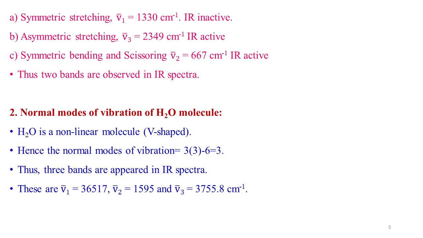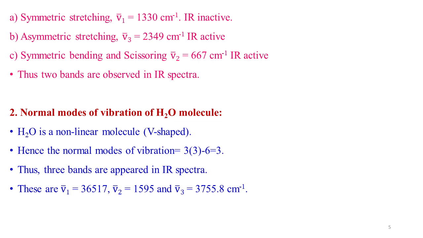Nu bar 1 is equal to 1330 per centimeter for symmetric stretching, which is IR inactive. For antisymmetric stretching, nu bar 3 is equal to 2349 per centimeter and it is IR active. For symmetric bending and scissoring, nu bar 2 is equal to 667 per centimeter and it is also IR active. So two bands are observed in the IR spectra of the CO2 molecule.